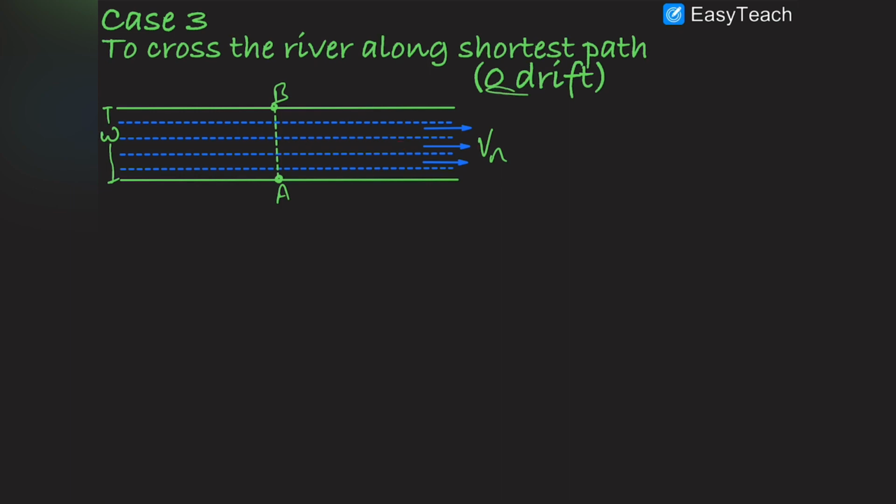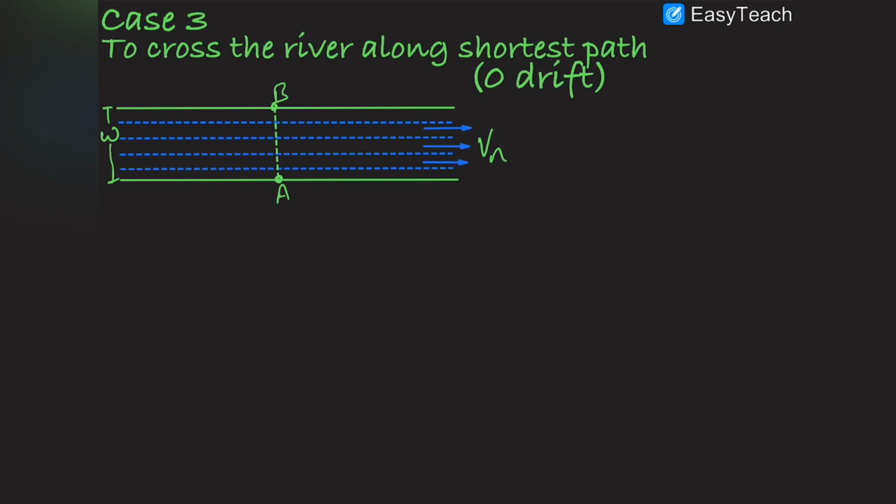Now, zero drift. What is drift? Let us see, if this boat is traveling in this direction, trying to travel along AB, then it would not reach point B. In fact, it would drift in the direction of river flow, like that, due to the river flow velocity.